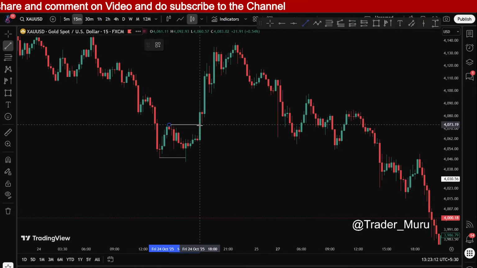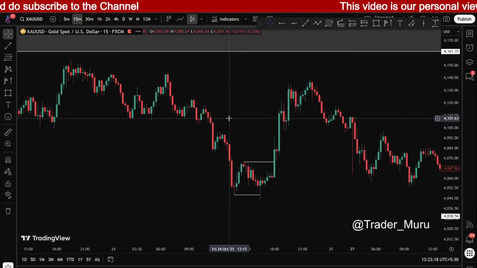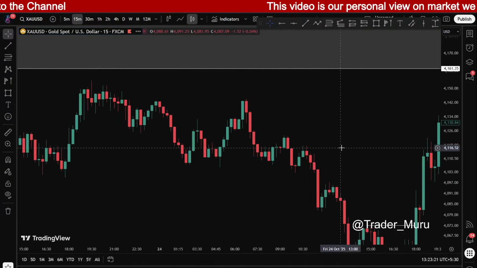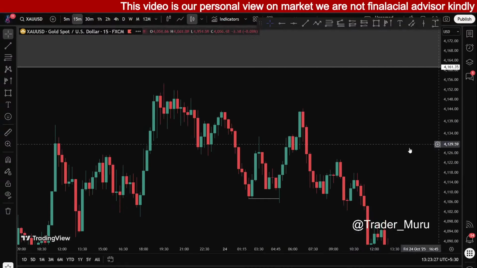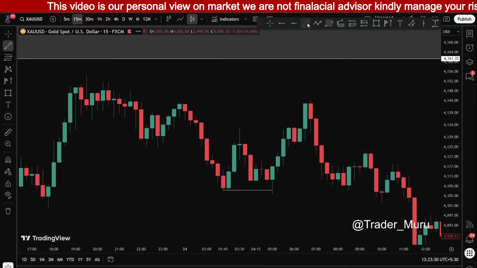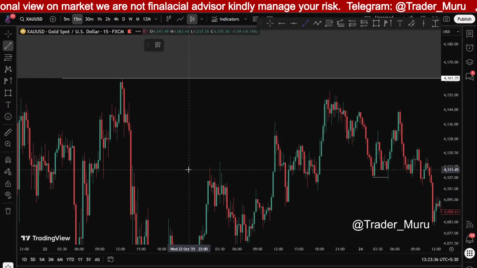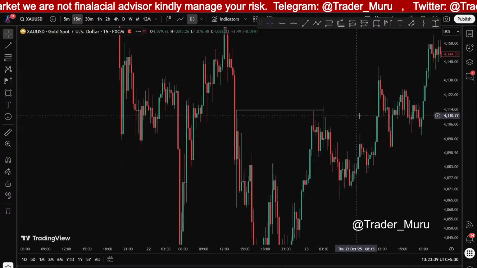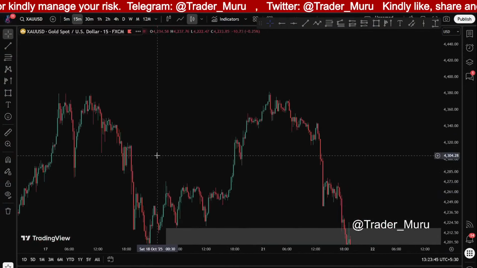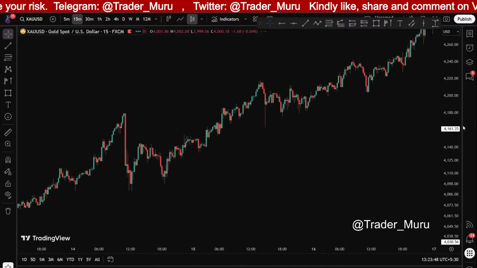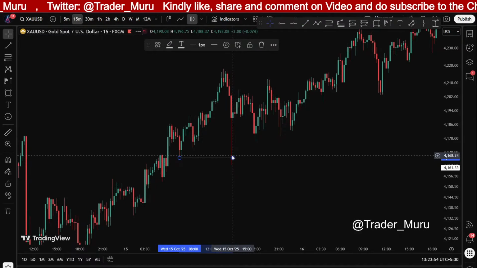See, again this is a liquidity sweep. This one, and if I get a bigger one, see this area, this is a liquidity sweep.